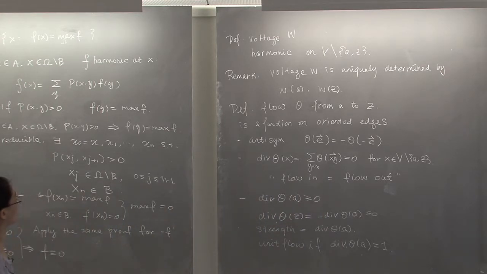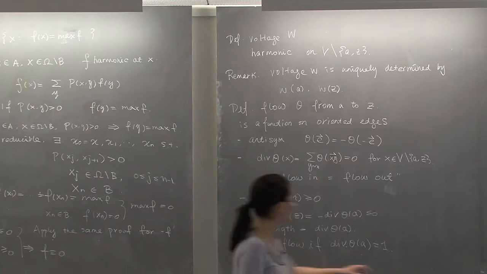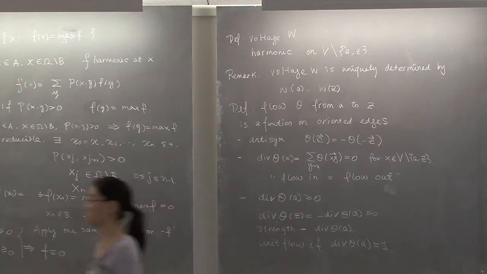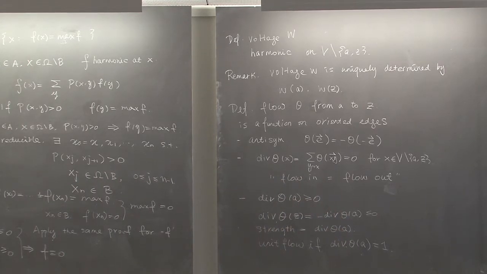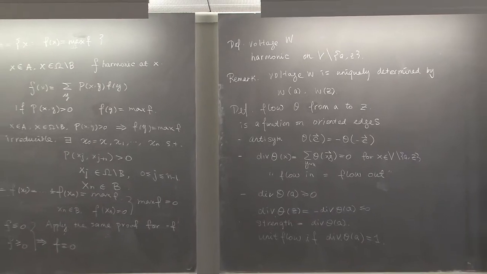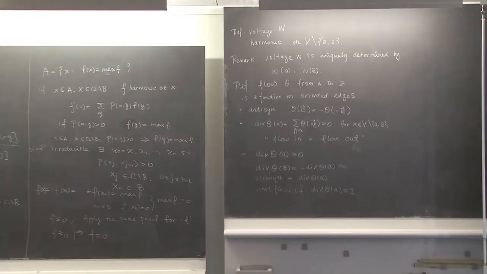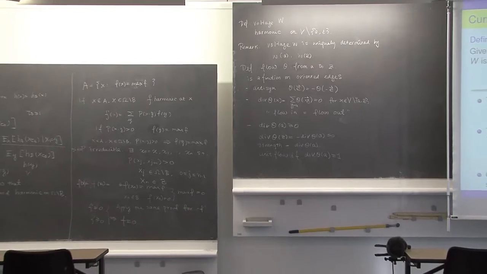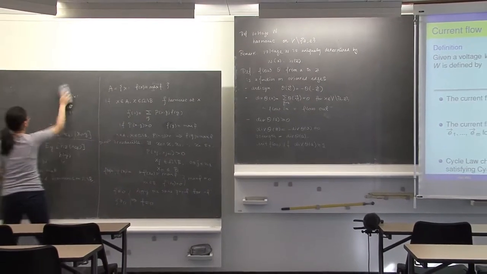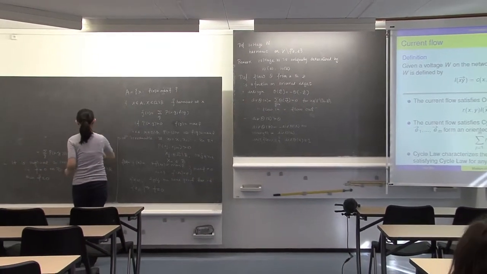Now we introduced the voltage, and we introduced what is a flow. And then what's the relation between these two? Okay, a voltage will naturally introduce a current flow. So it will introduce a flow, and for this flow, we call it the current flow.